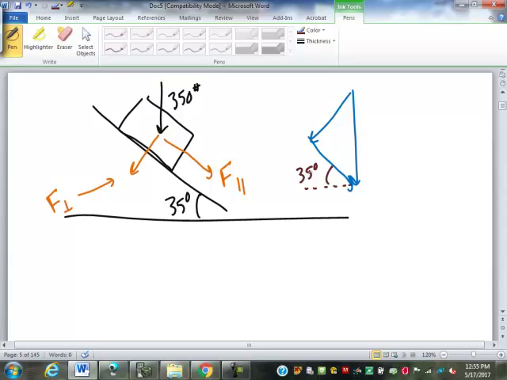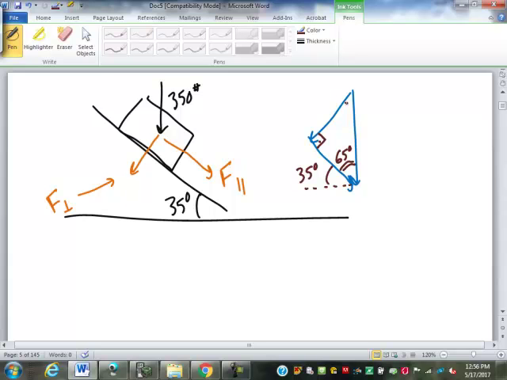What angles do I know here? Well, what's this angle here have to be? 90 minus 35, 65 degrees. What's this angle have to be? Parallel, perpendicular, right? Because if one's parallel and one's perpendicular, then they have to make a right angle, right?